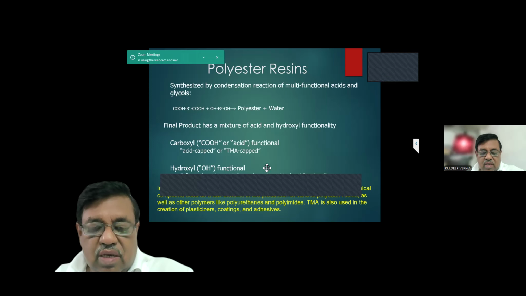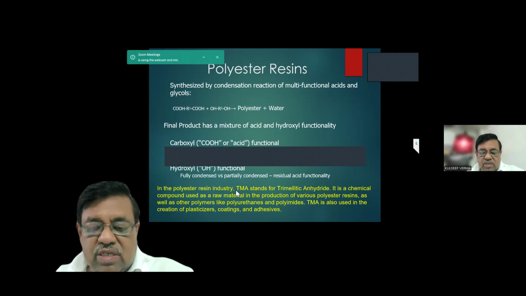TMA in the polyester resin industry stands for trimellitic anhydride. It is a chemical compound used as a raw material in the production of various polyester resins, as well as other polymers like polyurethane and polyamide. TMA is also used in the creation of plasticizers, coatings, and adhesives.